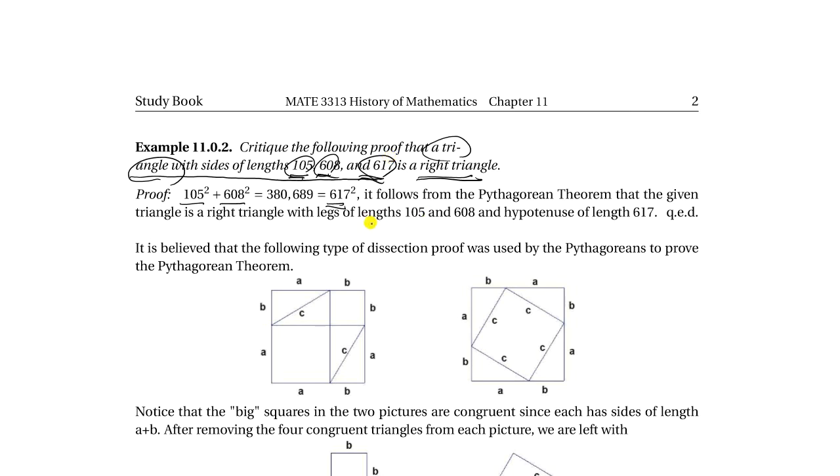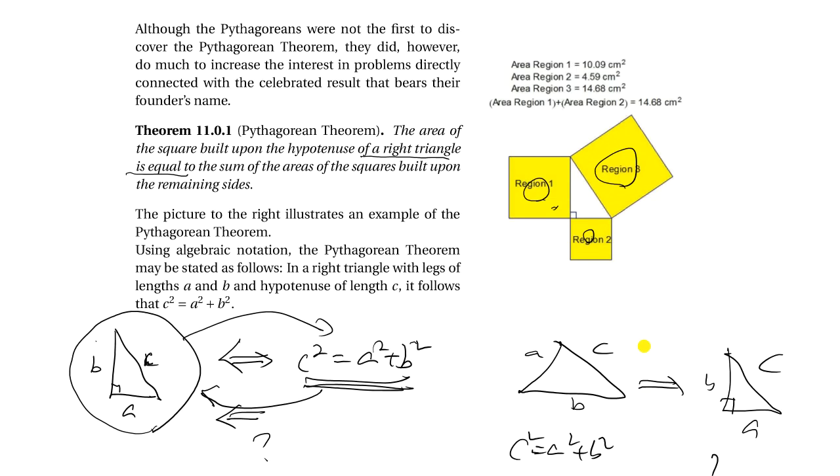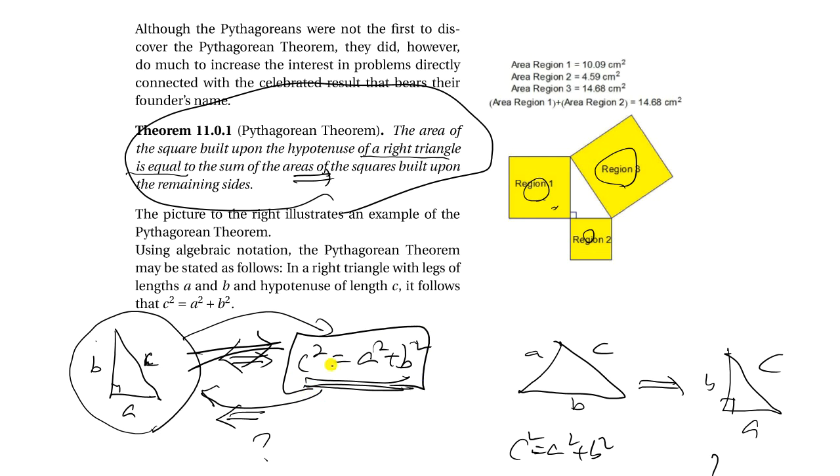Then that must be a right triangle. And the reason behind that claim is the Pythagorean theorem, right? So the question of this example is critical about this proof. If the statement is like this, then this is only a one-way statement. It only guarantees that if it's a right triangle, then we have that relation among those sides.